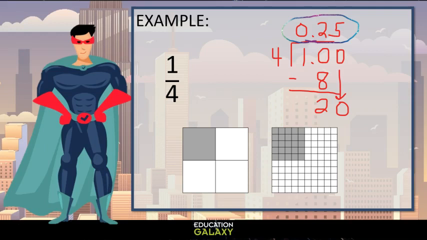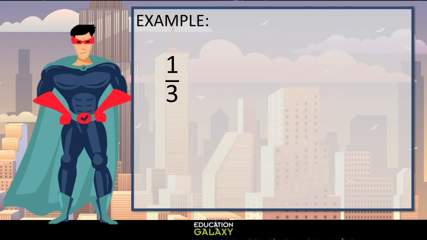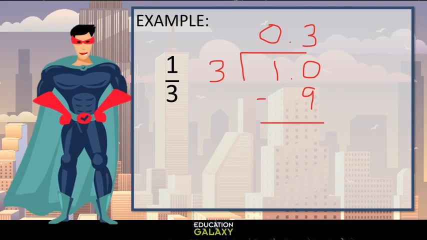So we're correct. Now let's try to defeat his evil twin brother, 1/3. Let's set up 1 divided by 3. 3 can't go into 1, so we put a 0. Insert decimals and placeholder 0. Now 3 goes into 10 3 times, but 3 times 3 is 9. That leaves us with 1 left over. Insert and drop down another 0. 3 into 10 again.